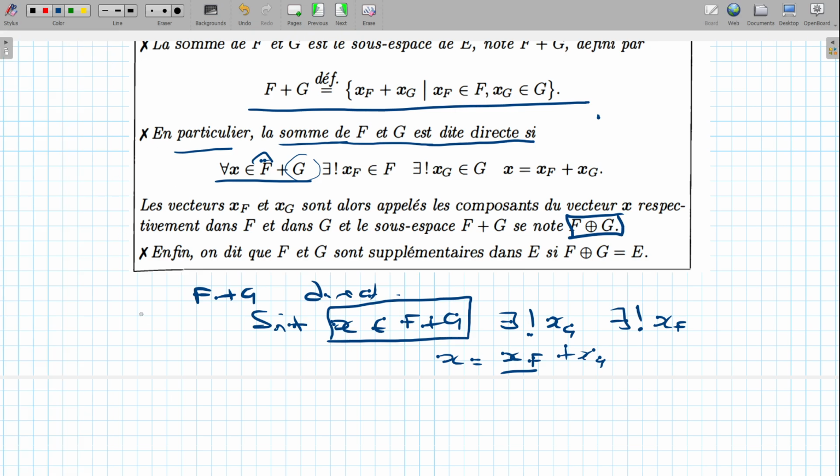Now, we're going to say that F and G are going to be supplémentaires if every vector of the parent space can be written in a unique way.